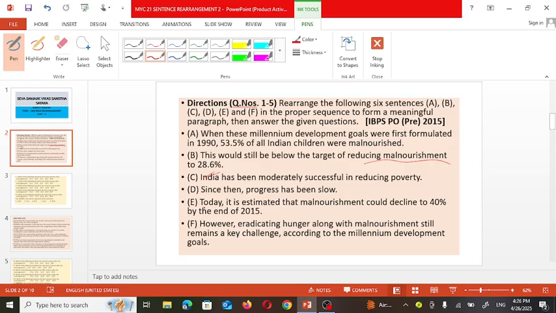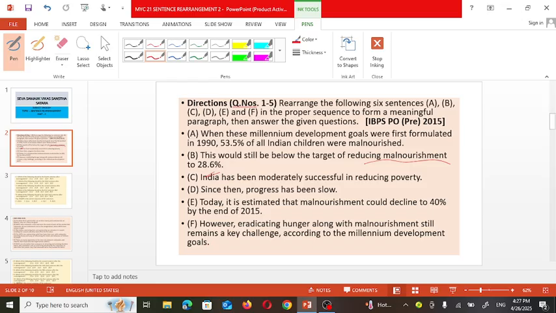Then, today, it is estimated that malnutrition could decline to 40% by the end of 2015. And the last sentence given here: However, eradicating hunger along with malnutrition still remains a key challenge according to the Millennium Development Goal.